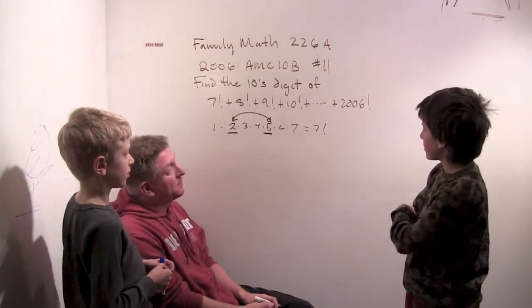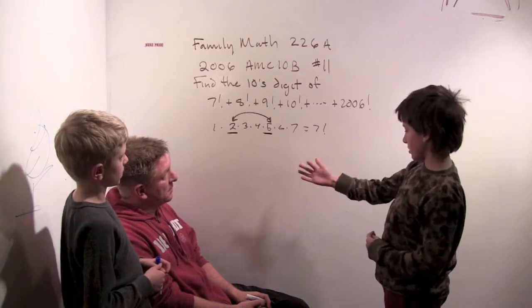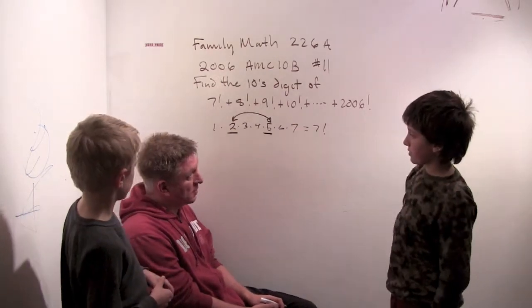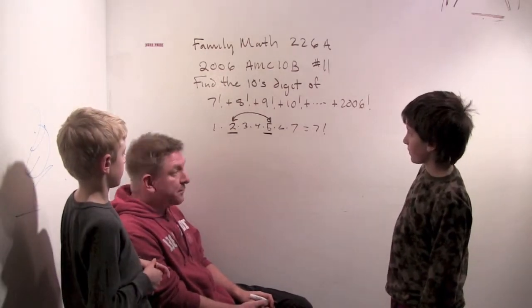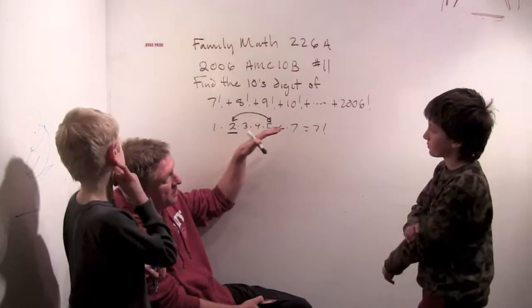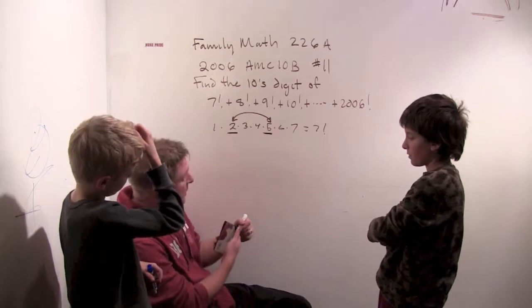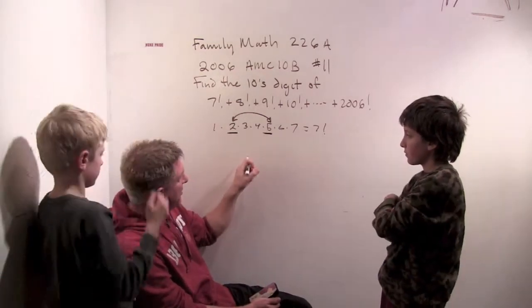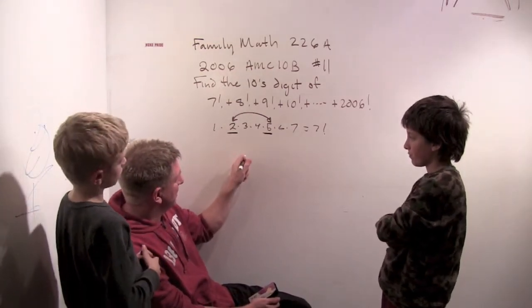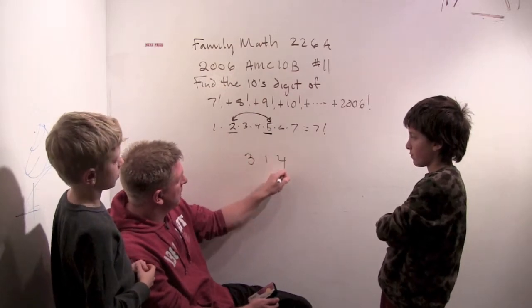Well, I know the tens digit comes from the units digit and the tens digit. That's right. When you're looking for the units digit of a number, all you have to do is worry about the units digit. And that's because when we think about numbers in base 10, I'll draw a 3-digit number like 314.